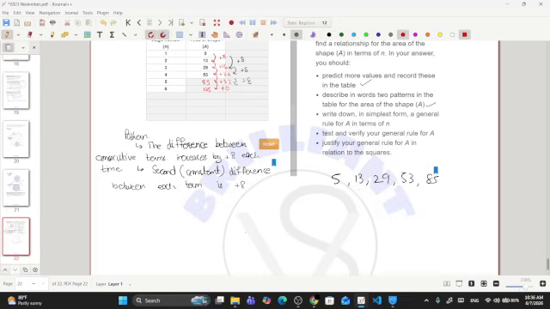Here the difference is positive 8, positive 16, positive 24, positive 32, 8, 8, 8. I know that 2a is equal to 8 and a equals 8 over 2, which gives me an answer of positive 4.